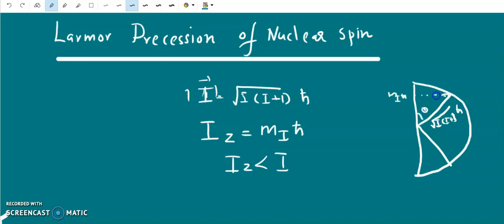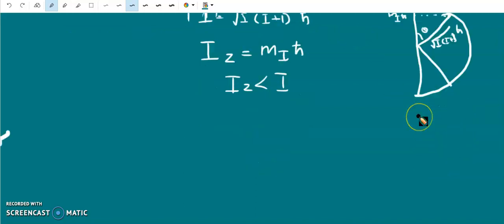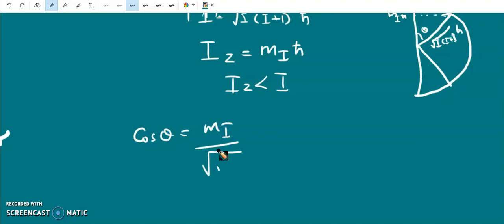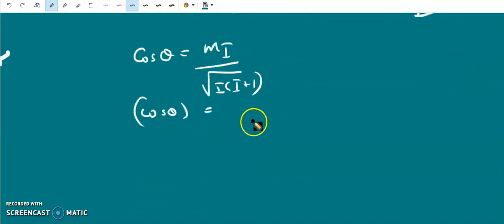So the angle cos theta is equal to mi by root of I into I plus 1. The maximum value of cos theta corresponds to when mi is I, that is I by root of I into I plus 1.